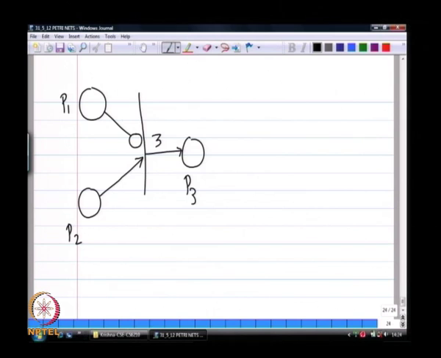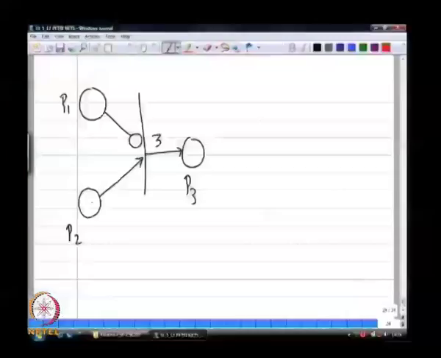So at this stage, will this transition fire? No, it cannot fire. P1 meets the constraint because it is empty, but P2 does not. We need at least 1 because I have not specified the weights on either of those two links. So at this stage it cannot fire.